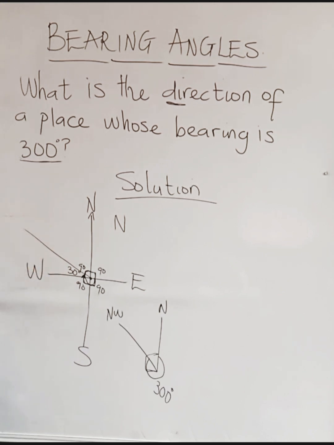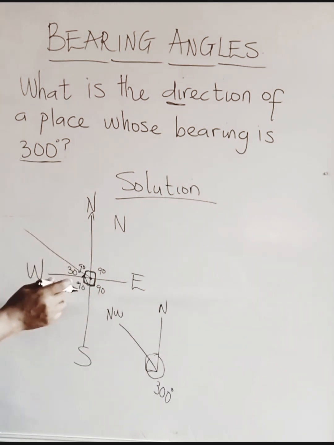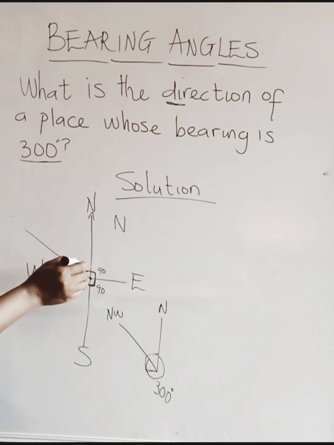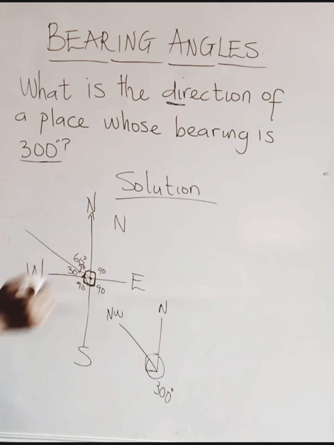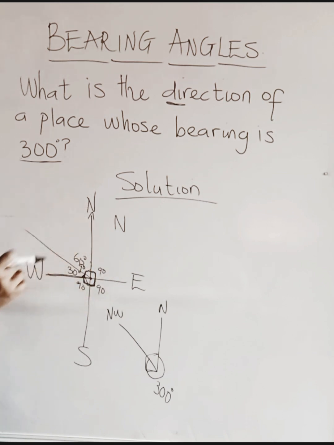Since the angle at a point is 360, and from this place to here is 300, we can subtract 300 from 360 to arrive at 60. Or we can just remove this other part and deal only with the angle formed between north and west, which is 90. If we subtract 30 from 90, we arrive at 60.